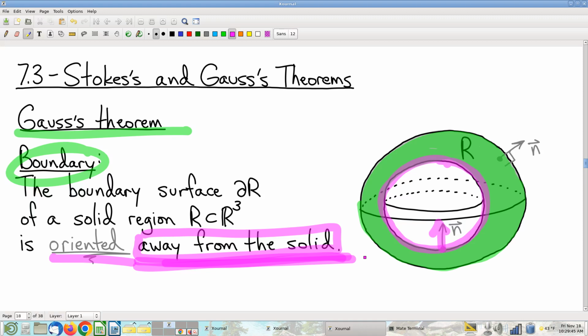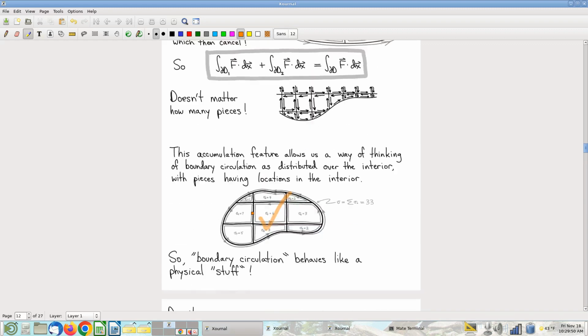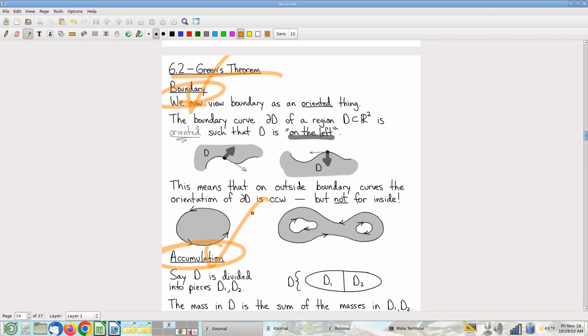Okay. So just for comparison purposes, remember when we were talking about orientations in Green's theorem, we had a similar sort of thing: well, look, there's the sloppy version, and then there's the, let's be careful about it. The sloppy version, when you're talking about Green's theorem, is to say that boundaries are oriented counterclockwise. Not really.